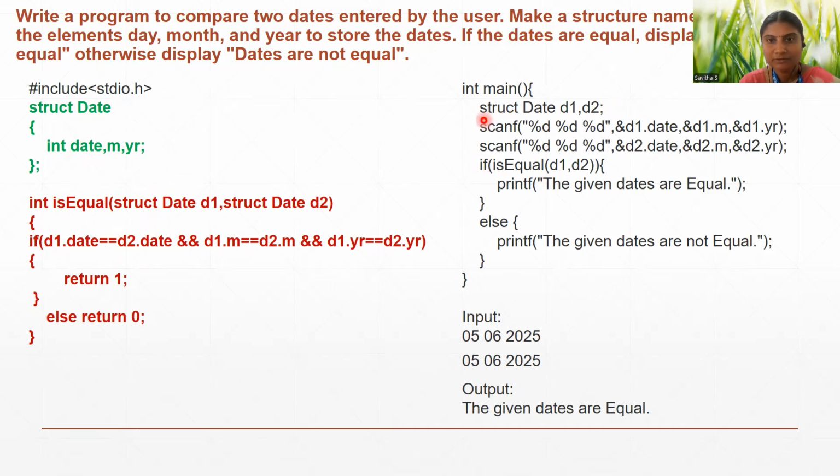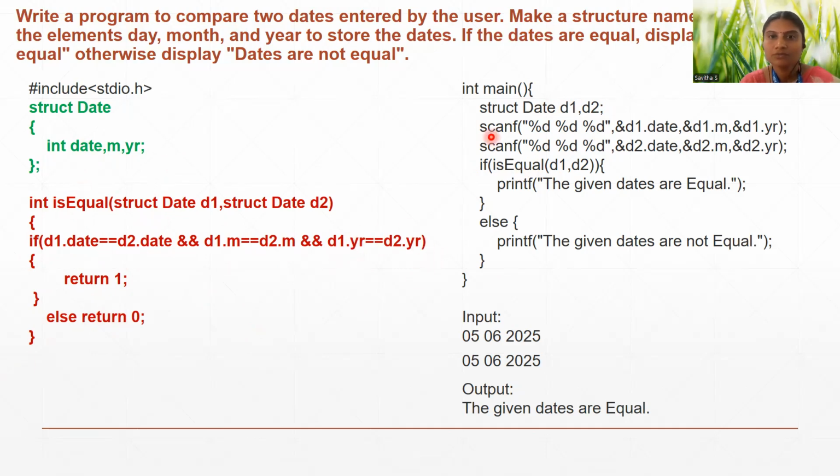The difference here is that we are reading two dates. For the first date, we are creating one structure object. For the second date, we are creating another structure object. So if D1 dot date is equal to D2 dot date, we will check that, and whether the month is equal or not, and whether the year is equal or not.